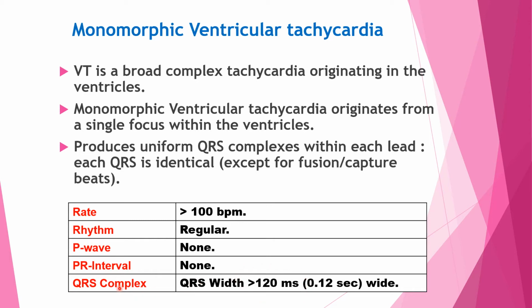So the QRS is wide. As I said, monomorphic ventricular tachycardia with a pulse, we will go to the tachycardia algorithm. But if there is no pulse, that means the patient has cardiac arrest and needs CPR and a DC shock, and we will follow the algorithm of cardiac arrest.